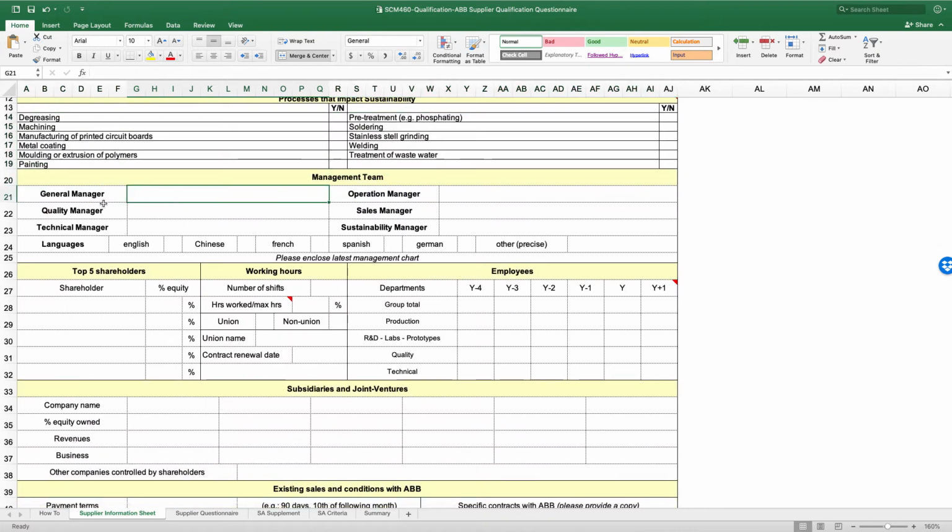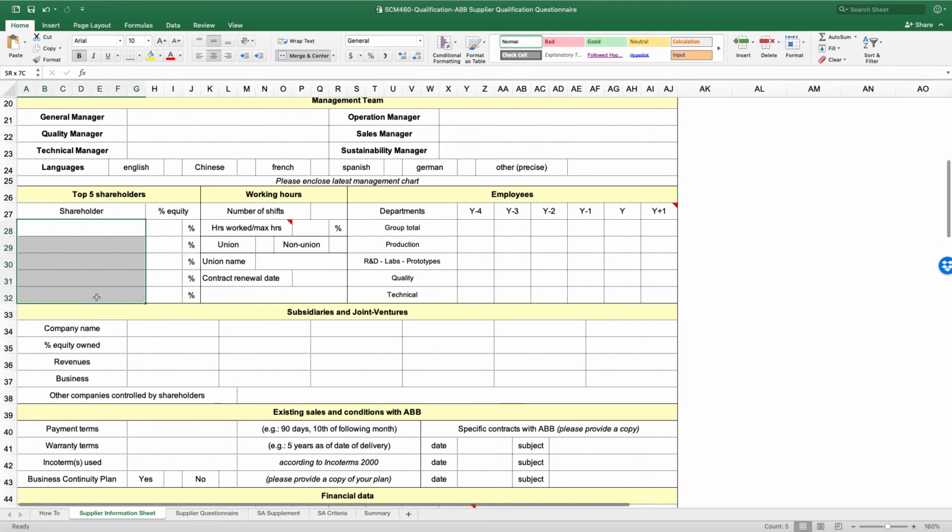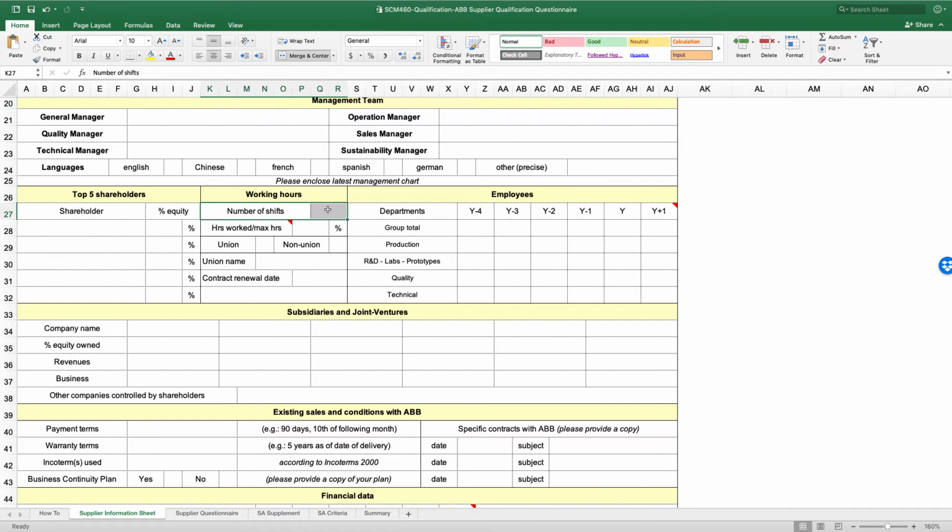Then give the names of your management team: general management, operation management, quality manager, sales manager, which languages they speak, the names of the top 5 shareholders, the number of shifts on which you work, the hours worked, the type of union.